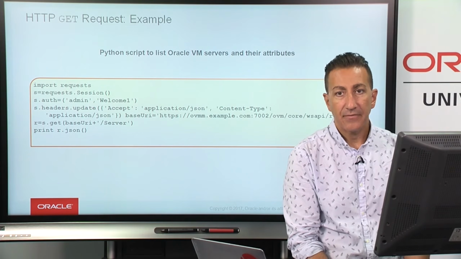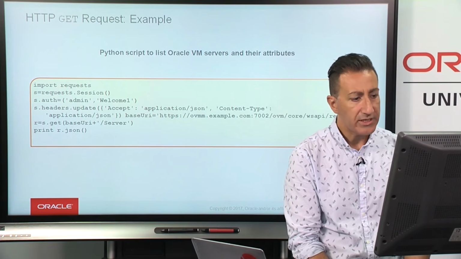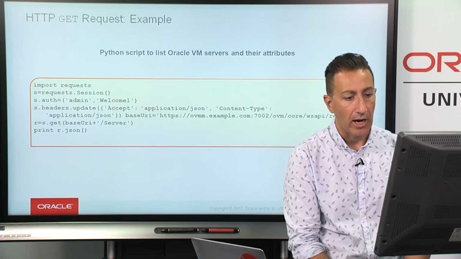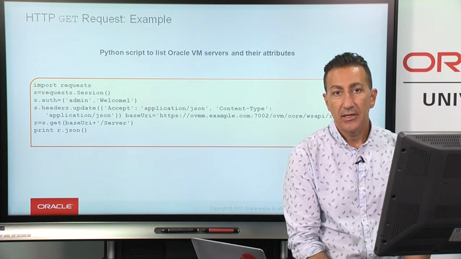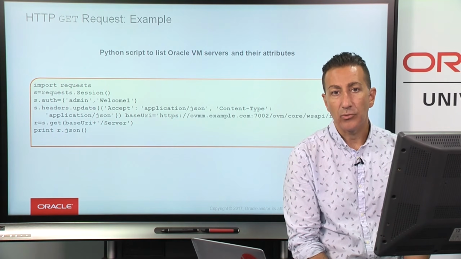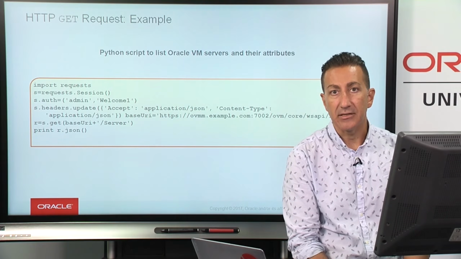And after that, we need to provide a base URI. The base URI makes reference to OVM, core, WS, API, REST.